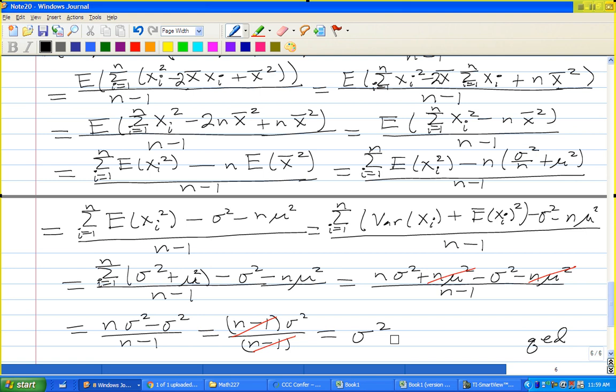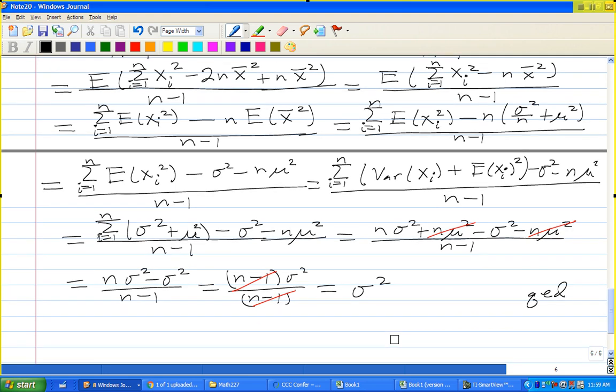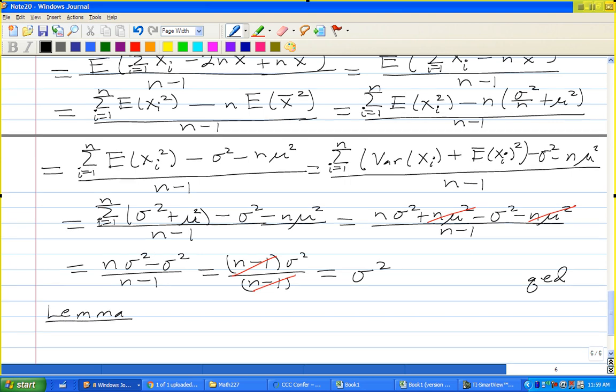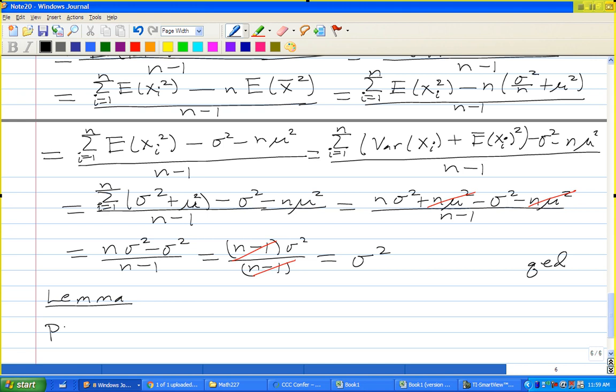Let me do the next lemma, which is that PQ is maximized when P equals 1/2.